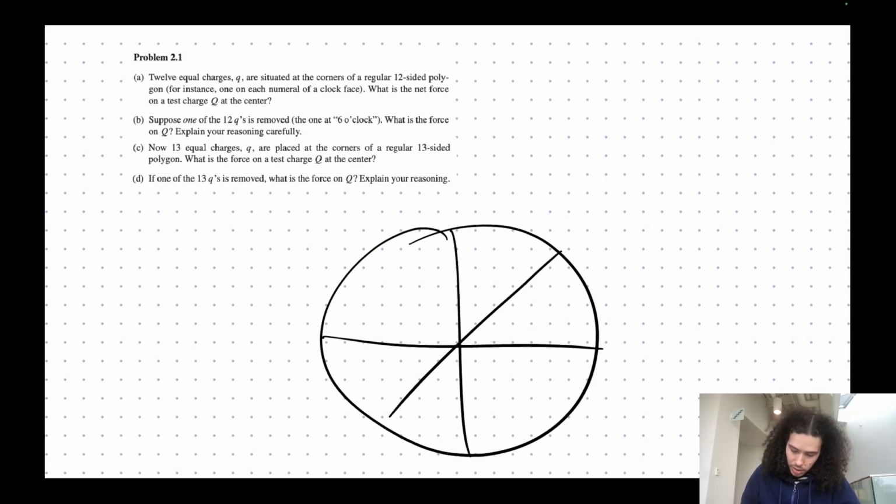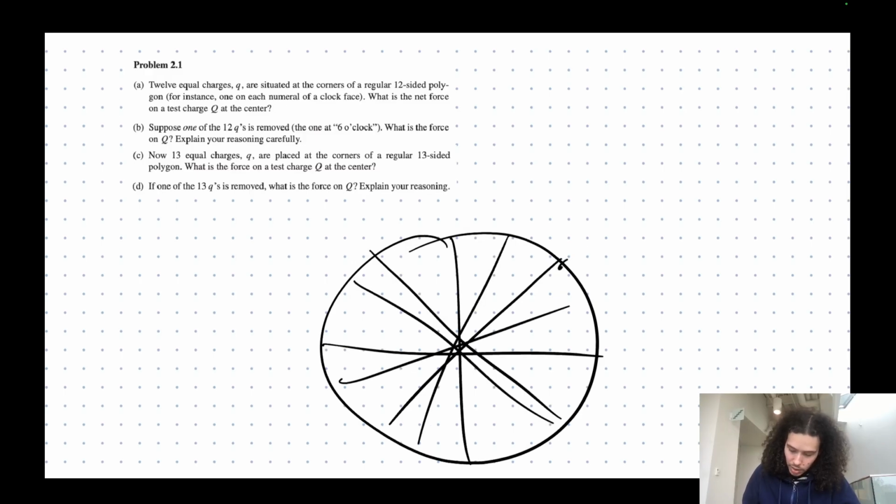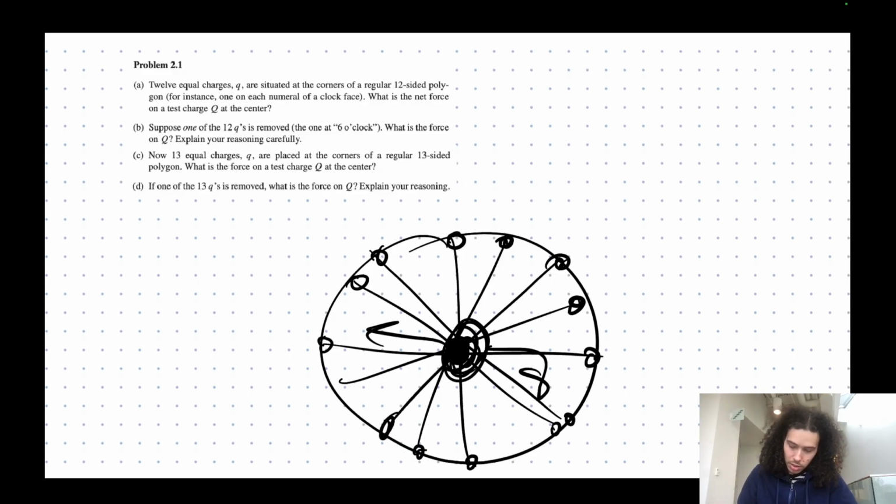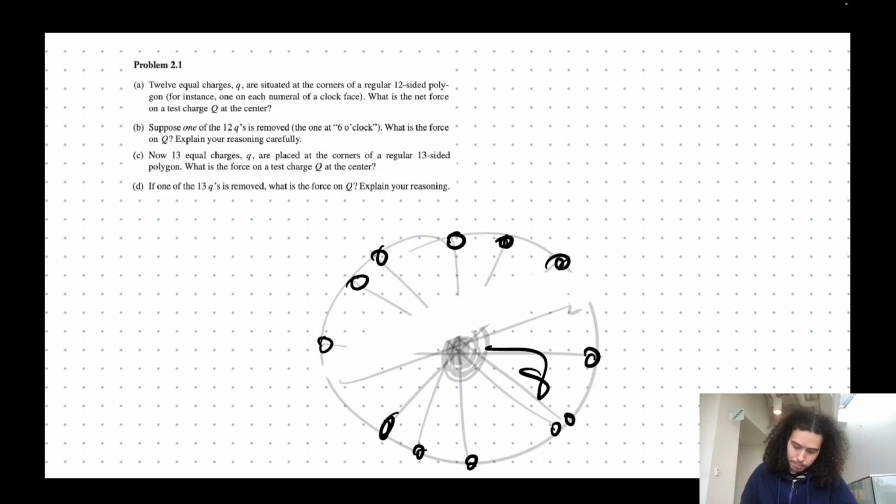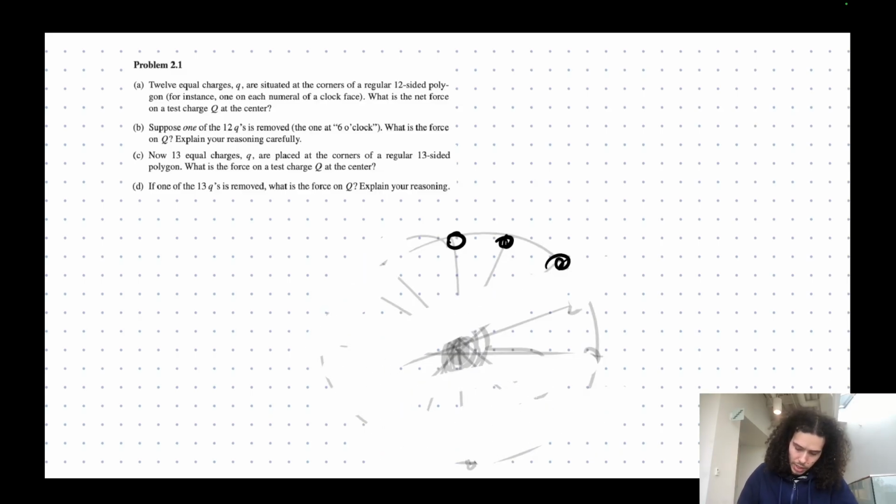It's basically like a pizza. 12-sided, and put a charge on each corner and then analyze. These charges here are going to be static. They're going to be fixed, like you build them and they're fixed. And then this is the thing here that's allowed to move in any direction. We're not going to do that.